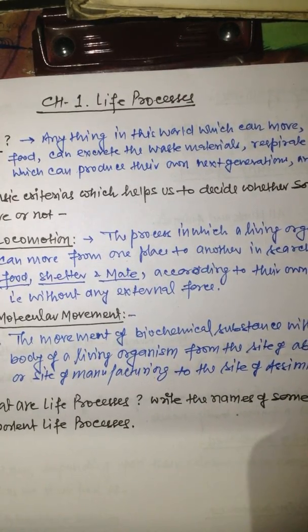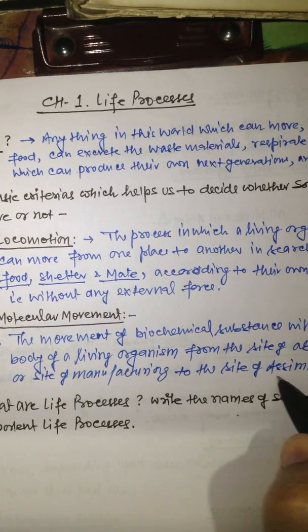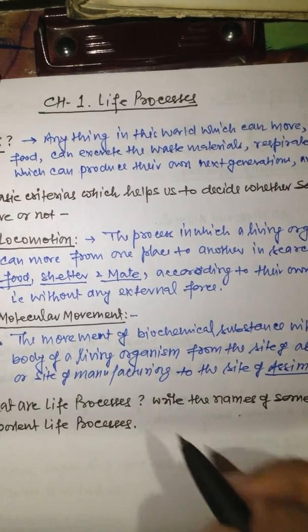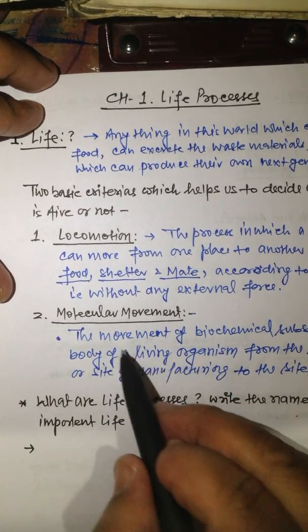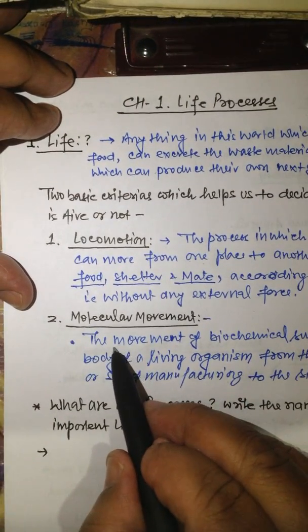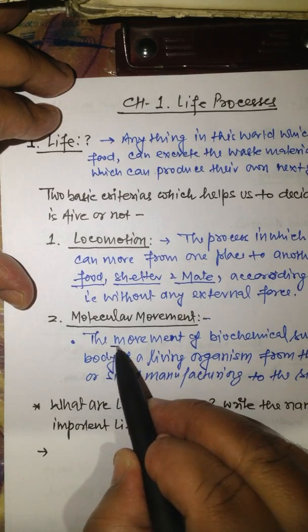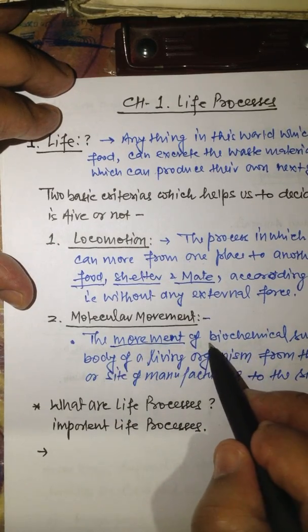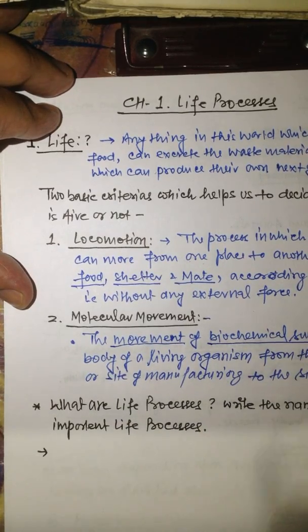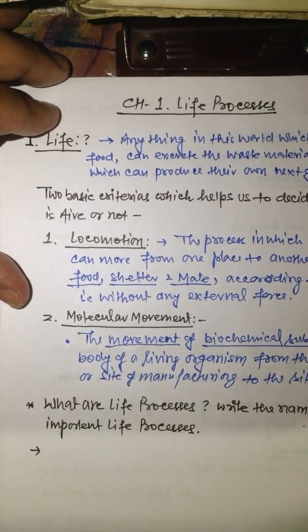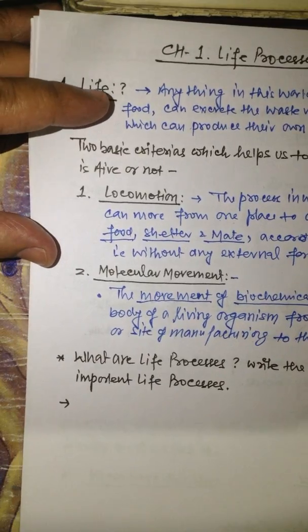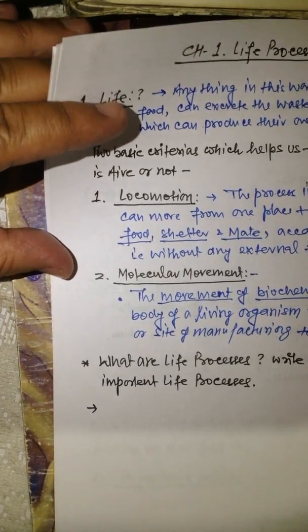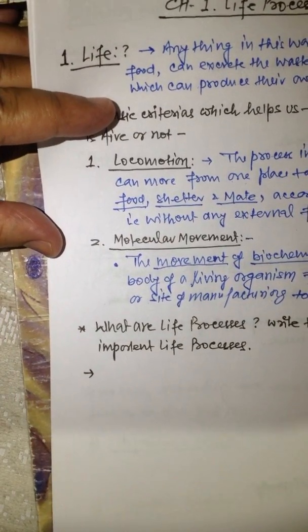Okay, wherever those substances are required, they move there on their own; that type of movement we call molecular movement. For example, in our body food is digested in the small intestine, but with the help of blood it reaches each and every part of the body. So even a person lying in a coma can be considered living because substances are moving within the body of that person, right?